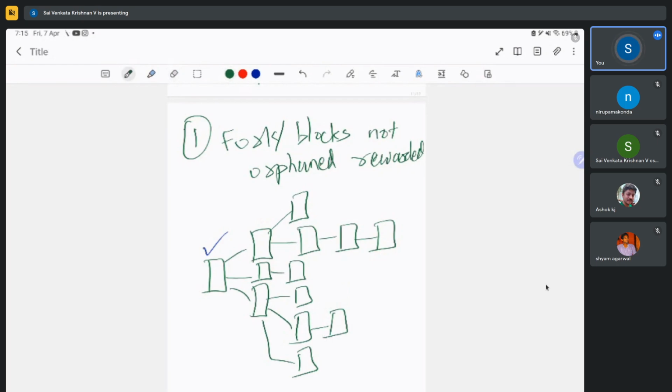So now this block is selected, and now this block would be selected because it has three children, and out of these three blocks, this block would be selected and this block. So finally all these three would be the longest chain and not this one. This will be your longest chain.